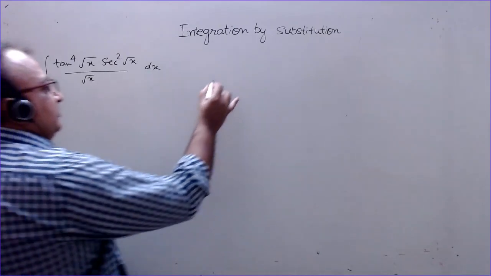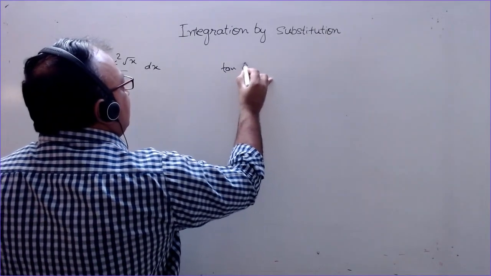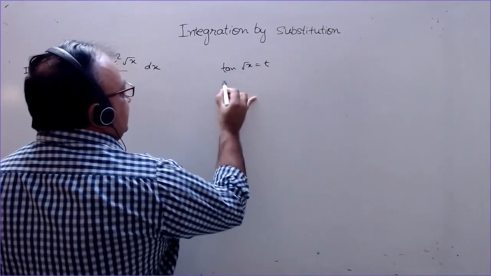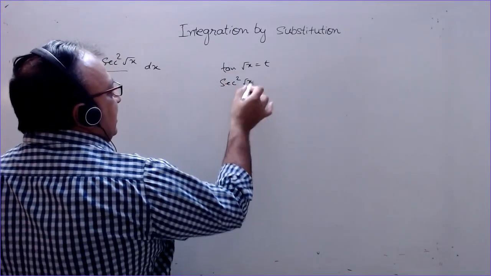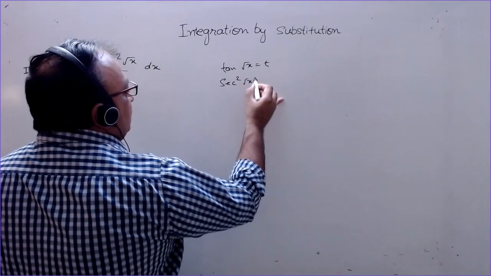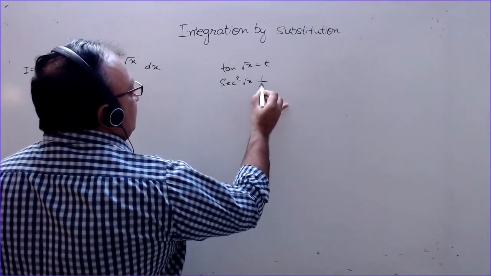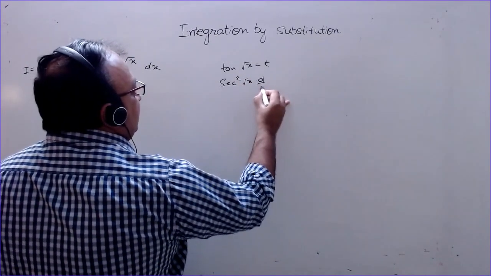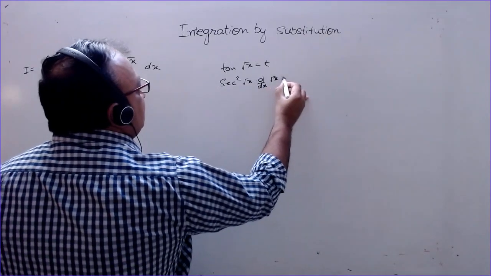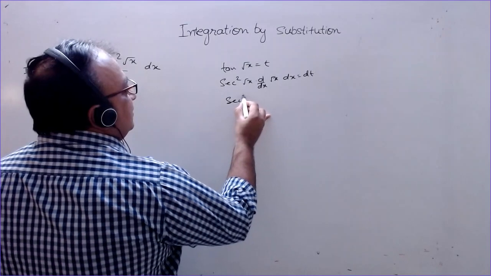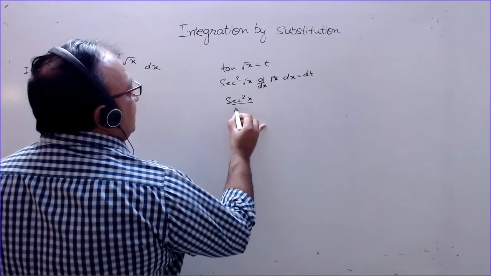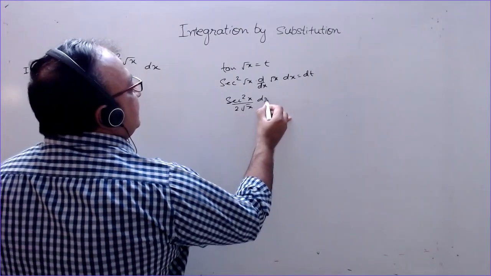So let me substitute tan of root x is equal to t. Differentiating both sides, sec square root x, this is the derivative of tan, and the derivative of root x, 1 by 2 root x, dx is equal to dt. So this gives us sec square root x over 2 root x dx is dt.